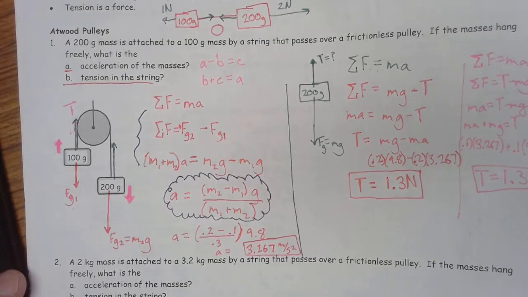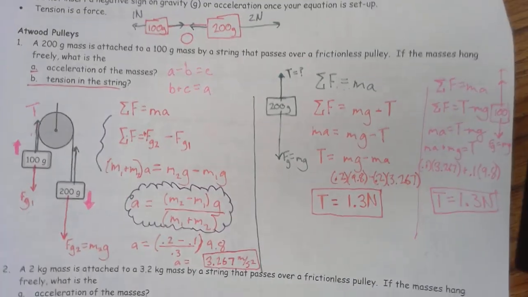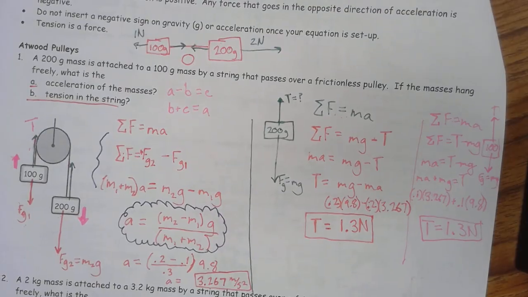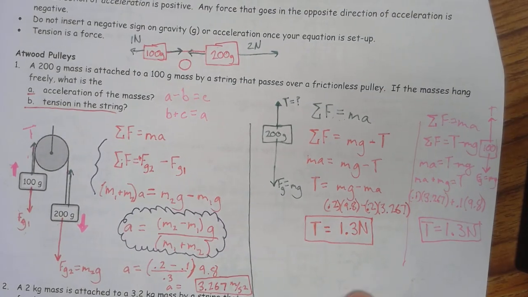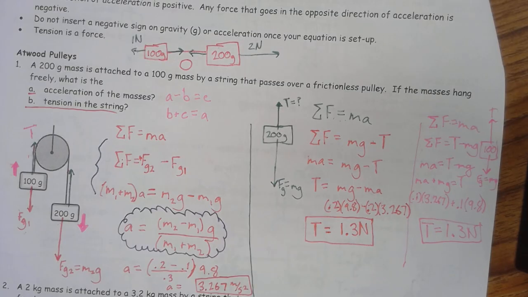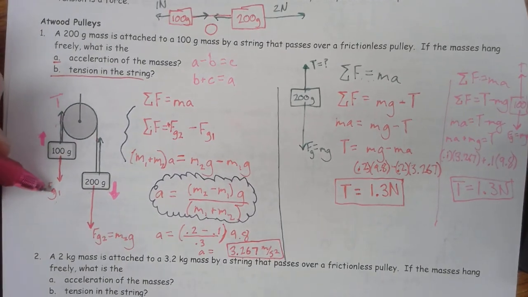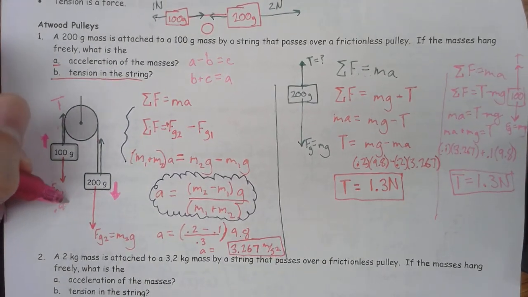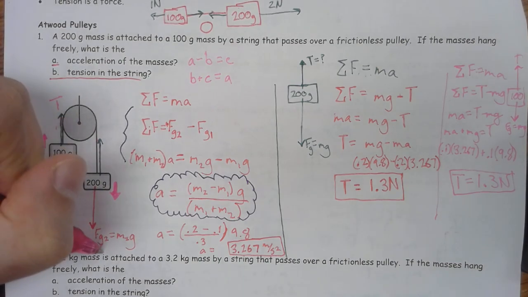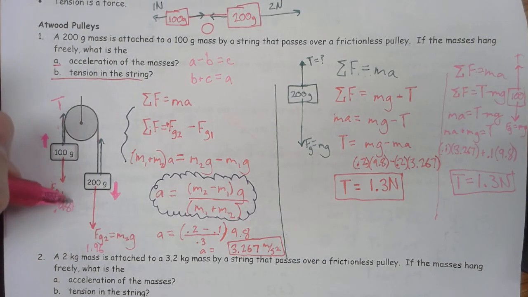The tension in the string. I don't typically do both on a test. Typically, you will want to conserve your time so you can check your answer. The easier way to check your answer is that this force of gravity is 0.98 and this force of gravity is 1.96 newtons.